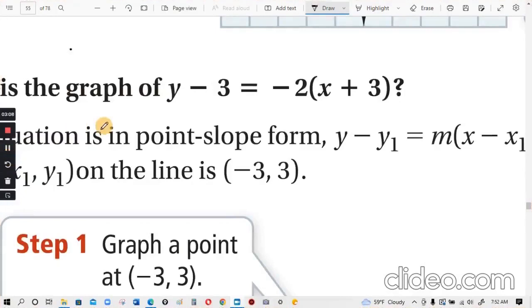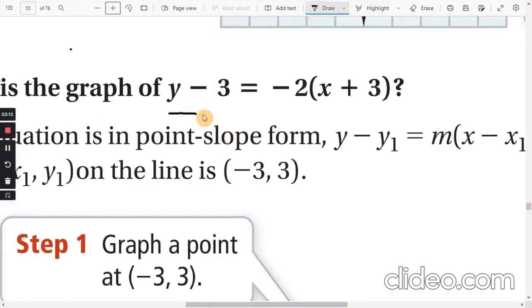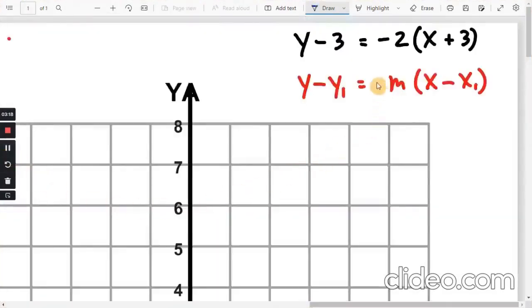So next up, let's try to graph this here on the graph paper. We have y minus 3 equals -2 times x plus 3. Let's try it. So this equation is in point-slope form: y minus y1 equals m times x minus x1. So just from the equation, we can see that m, the slope, equals -2. If you want, you could say -2 over 1.